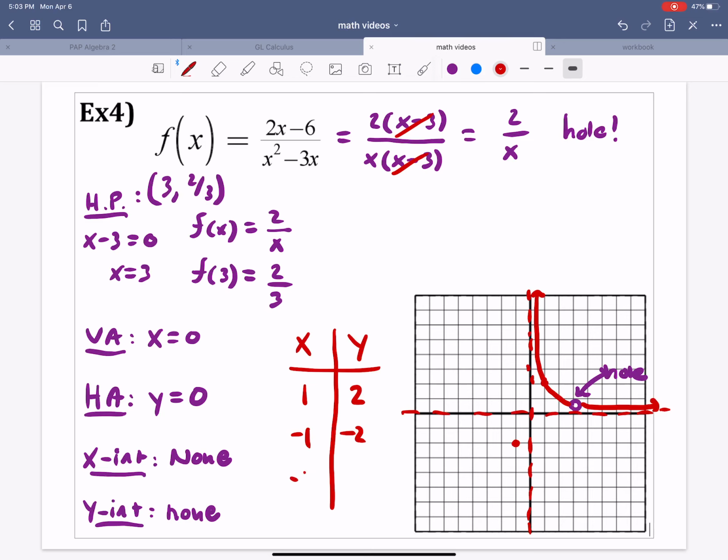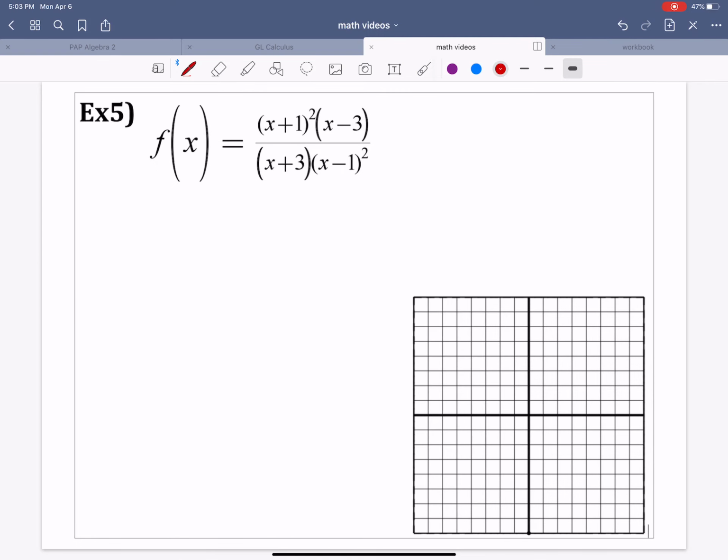Let's do x equals -2, which gives me a y value of -1. So there, I feel pretty good about being able to draw that branch as well. So remember that as you draw these branches, the ends are drawn towards the asymptotes like a magnet. Okay? Pretty cool.